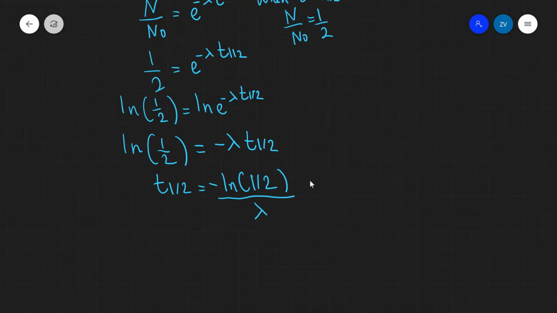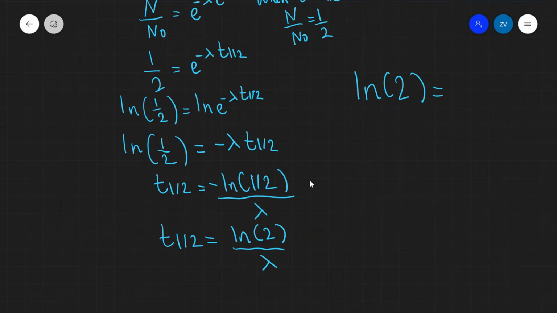So what we're left with is that the half-life of a substance is equal to the natural log of 2 divided by lambda. In fact, in your formula booklets, this equation is given as the natural log of 2 is equal to the half-life times the decay constant lambda.